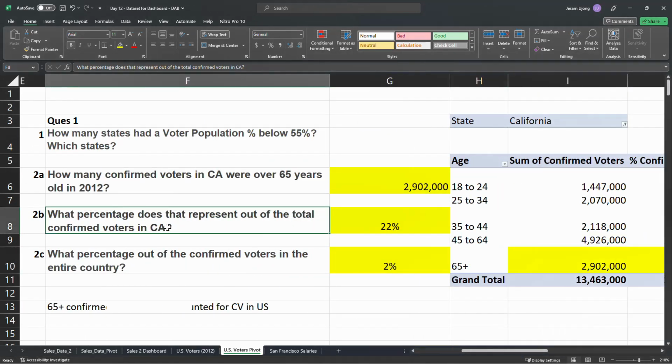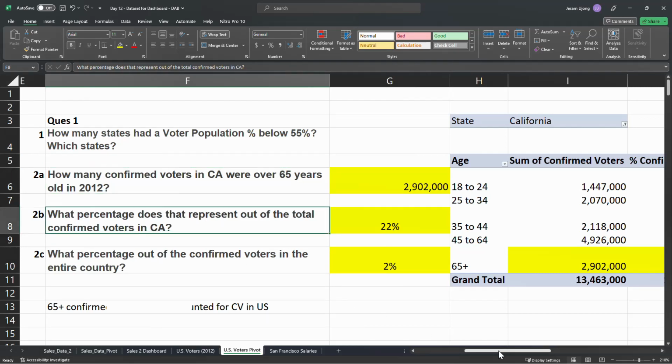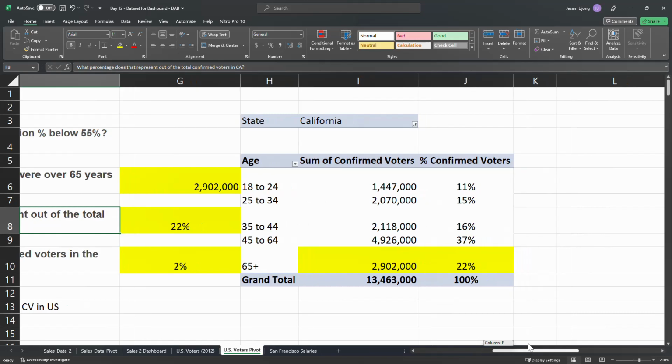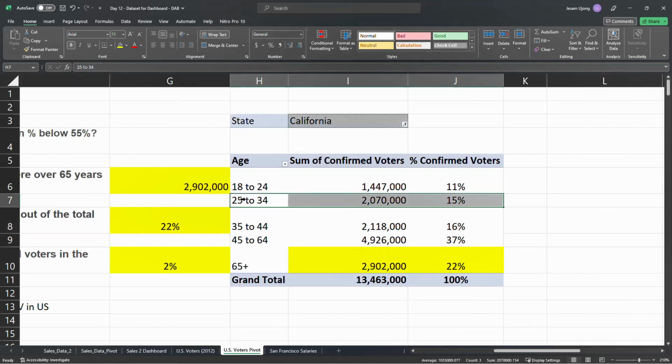That was the second question. Now, the third question was, what was the percentage of these 65 plus guys in California? What percentage of these guys amounted to the whole population, right? And in the whole of the US.